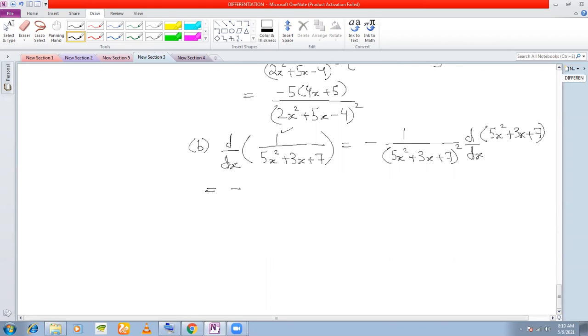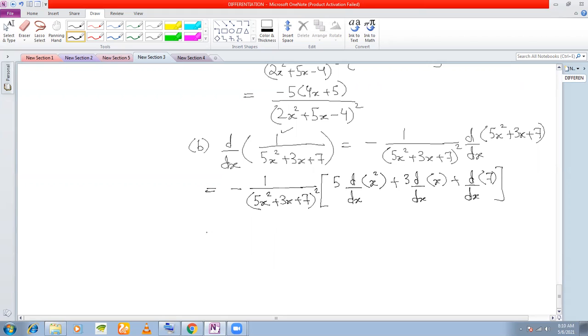which is equal to minus 1 by (5x² plus 3x plus 7)² into, we differentiate exactly in the same manner. This time let me just skip one or two steps. We have 5 d/dx of x² plus 3 d/dx of x plus d/dx of 7.